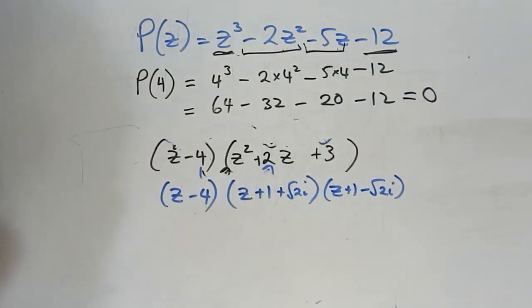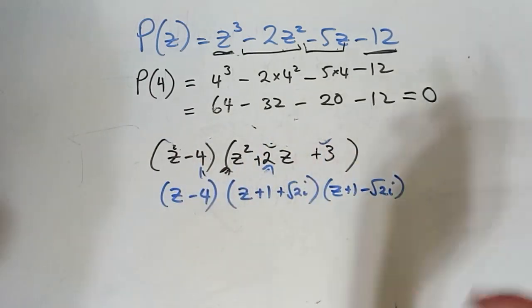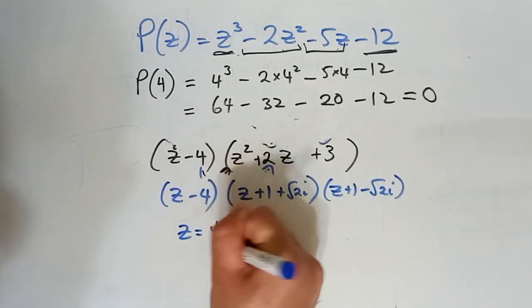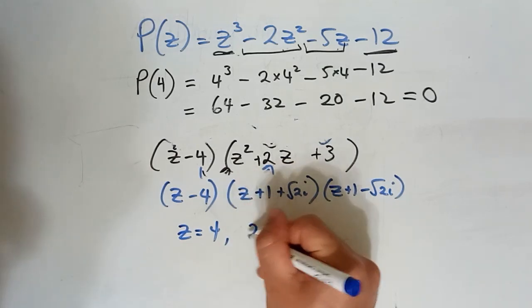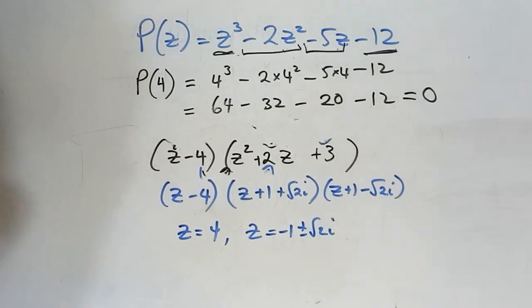Okay, so if we want the roots, we just set this whole thing equal to 0 and use the null factor law. Gives me z equals 4, or z equals negative 1 plus or minus root 2i. And we get all three roots.